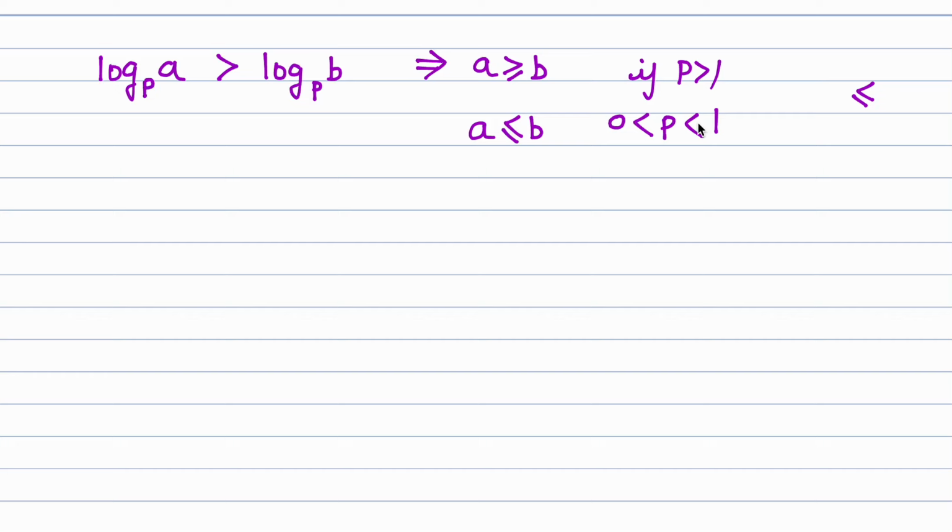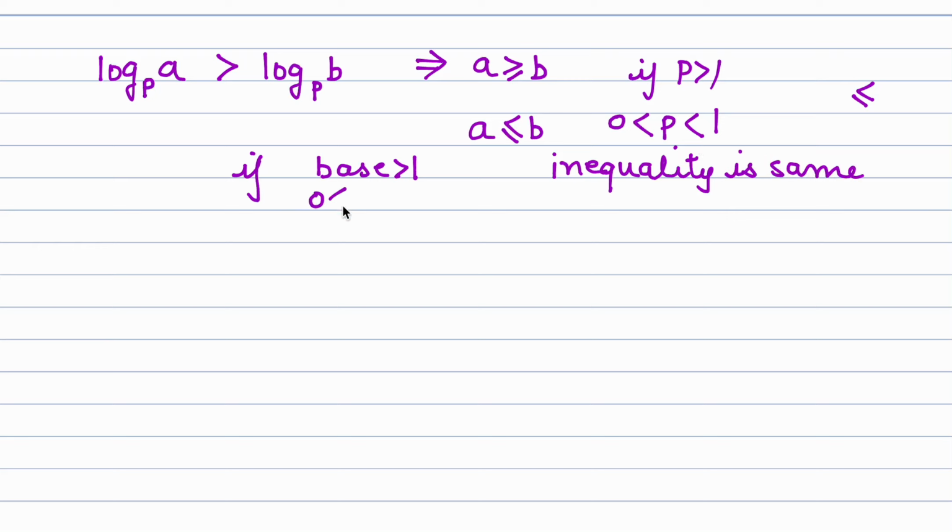So if you have to remember this property, you can say if base is greater than 1, then inequality is same. You can remember it this way. Inequality is same, but if base lies between 0 to 1, it reverses.